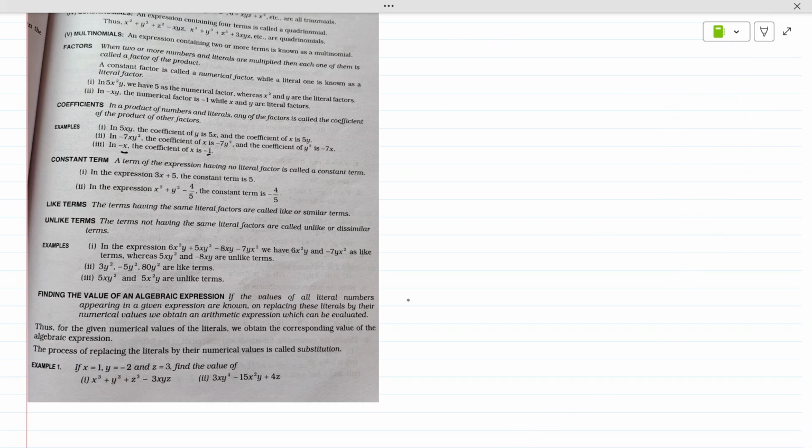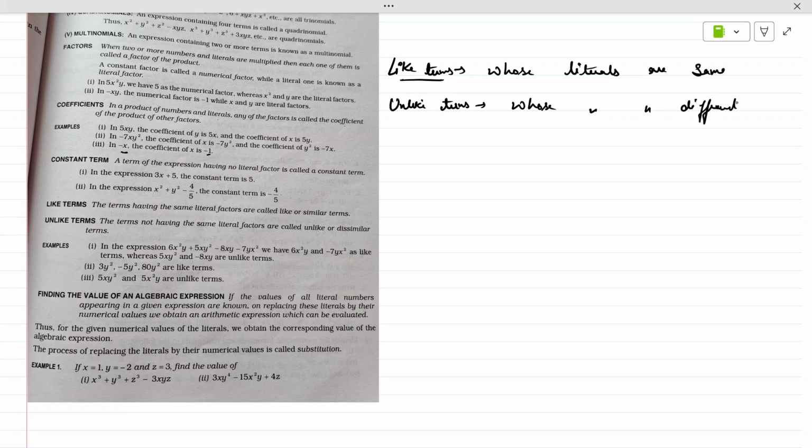Okay, so like terms are the ones whose literals are same, and unlike terms are the ones whose literals are different.